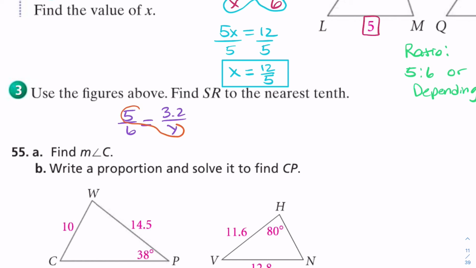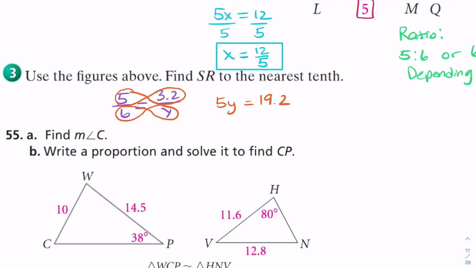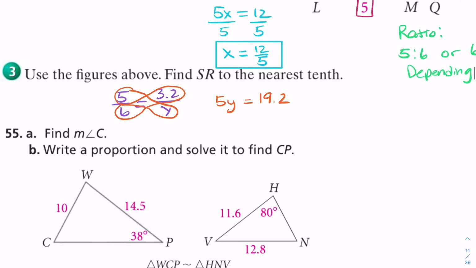So 5y equals 6 times 3.2, so 18 and 19.2, I think. Let me just check it. 19.2, yes, so 5y equals 19.2. And so now I'm going to divide both sides by 5.